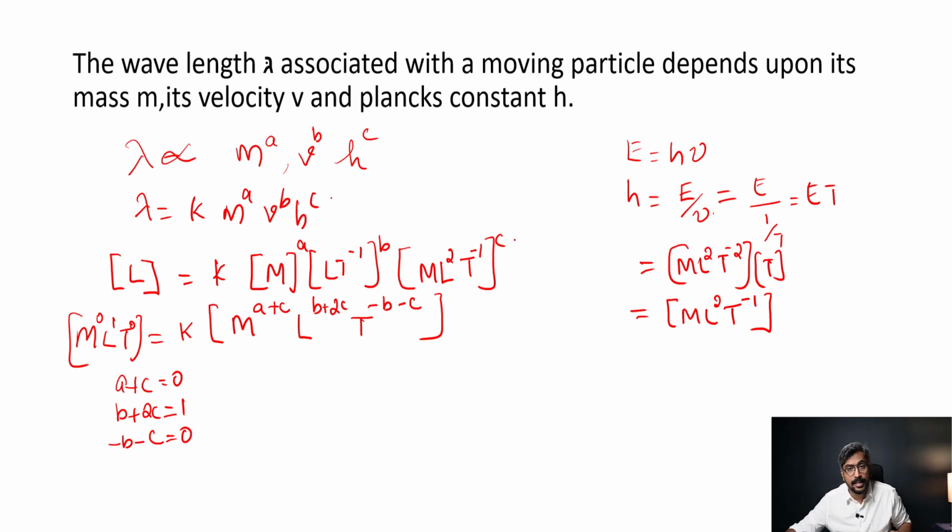There are certain limitations of this particular dimension analysis. The first and foremost limitation of dimension analysis is the constants. We don't know the constants, so it is not applicable to dimensionless constants.